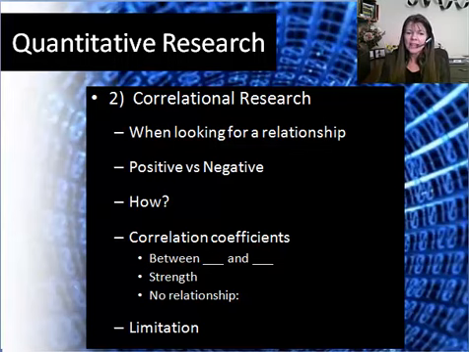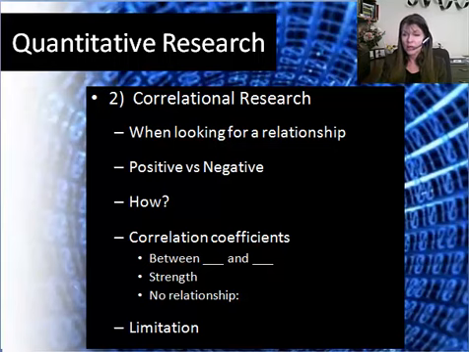How do we do correlational research? Super easy. We just measure both variables. For example, is there a relationship between color saturation in ads and sales? You can measure color saturation in a large number of ads and measure the sales produced by each ad. So you're just measuring both.